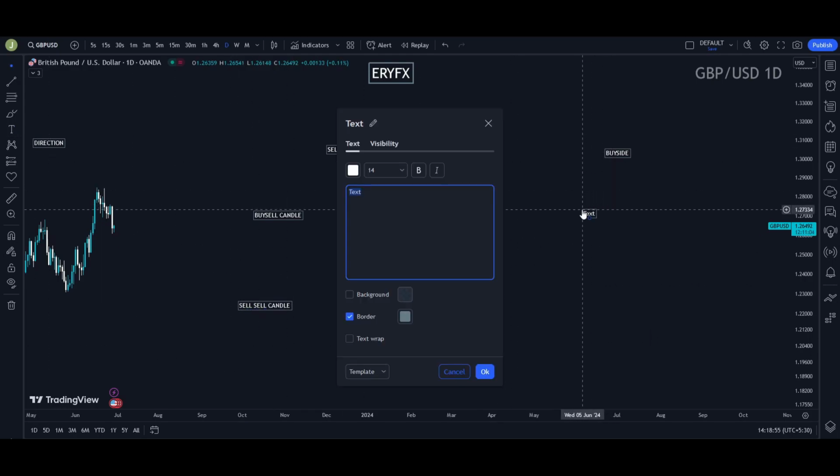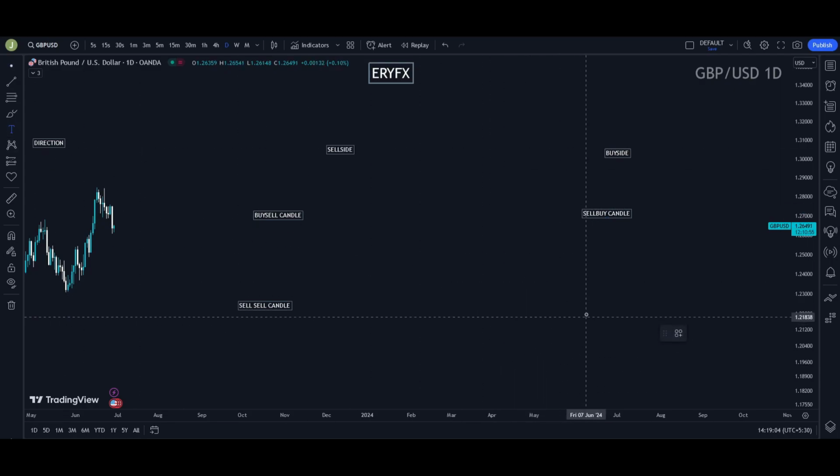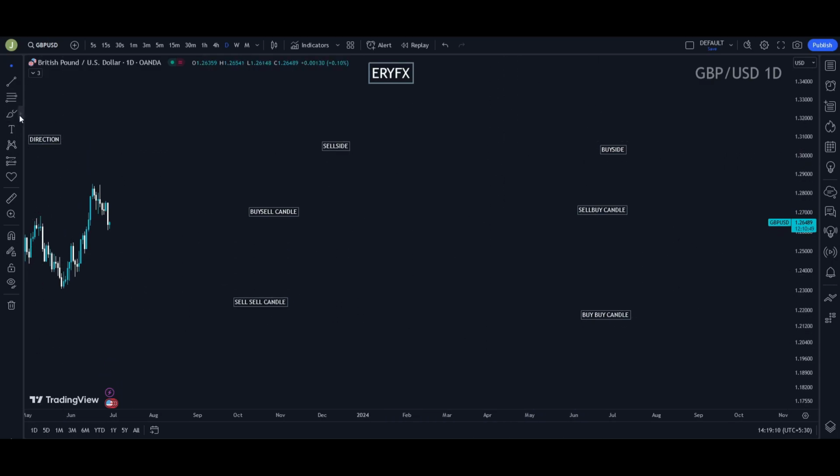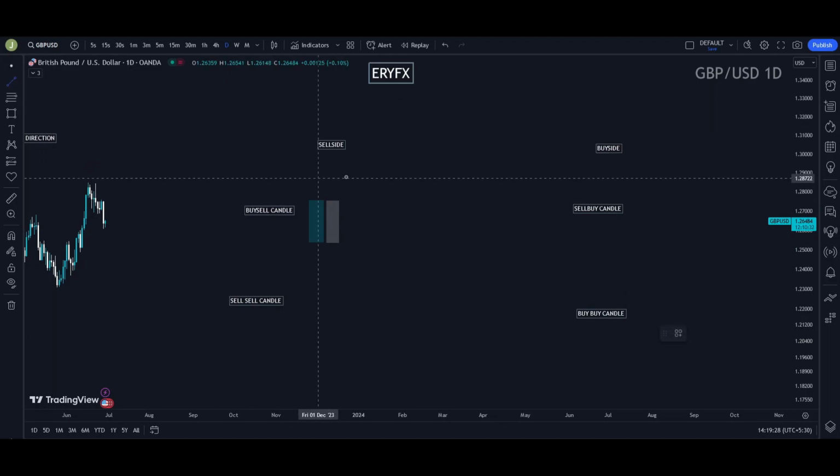For the buy side it's the sell-buy candle and the buy candle. There are also the wicks here.